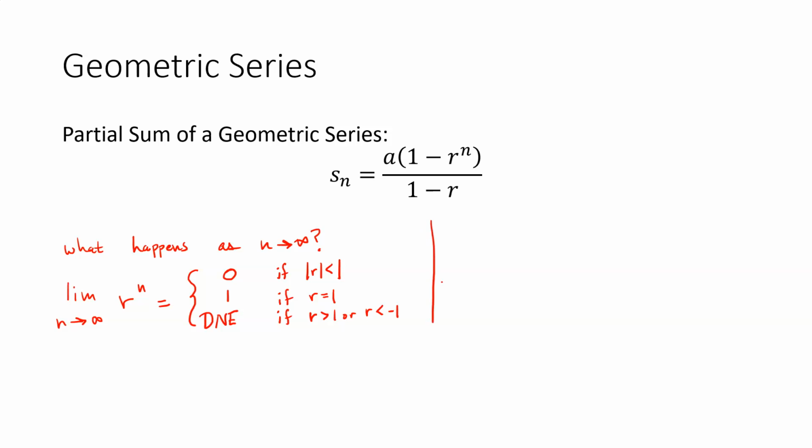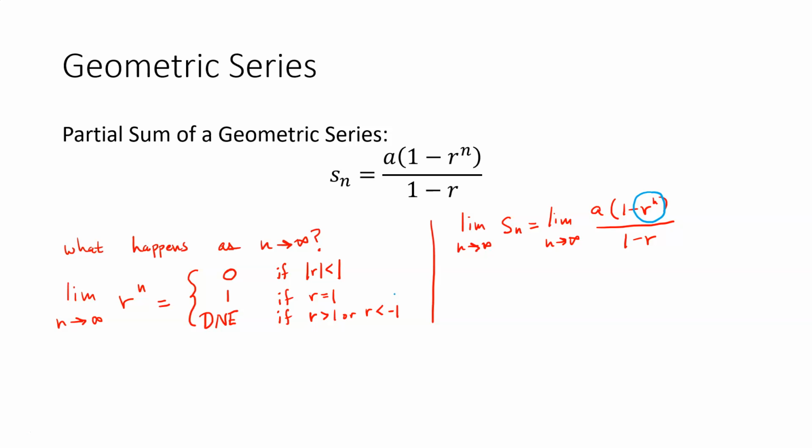So we know that when I take now the limit as n goes to infinity of S_n, in other words here, the limit as n goes to infinity of a times (1 minus r^n) over (1 minus r), well, we can look at how this part of the series behaves.